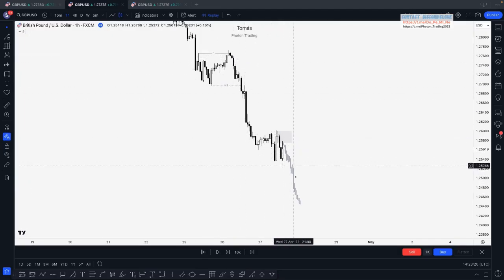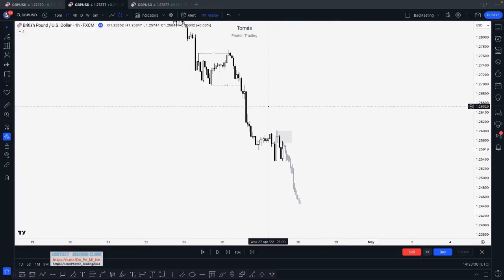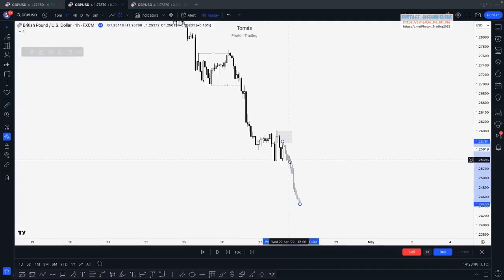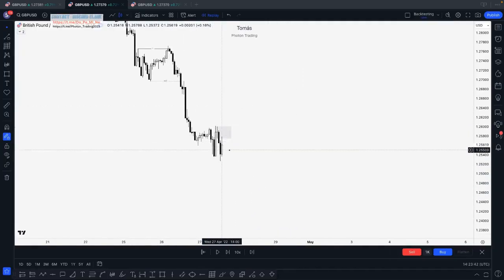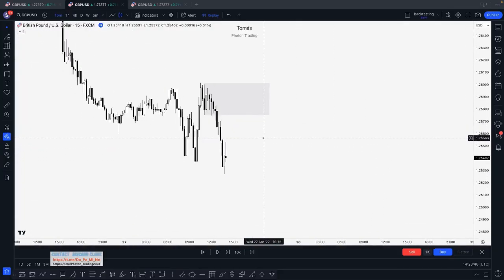It swept the high, pushed back down. So understanding what can happen and how the range will look will give you tons of confidence to try to play potential moves in advance, if that makes sense, guys. So yeah, again, looking for sells, everything is bearish, and I'm looking to get involved.